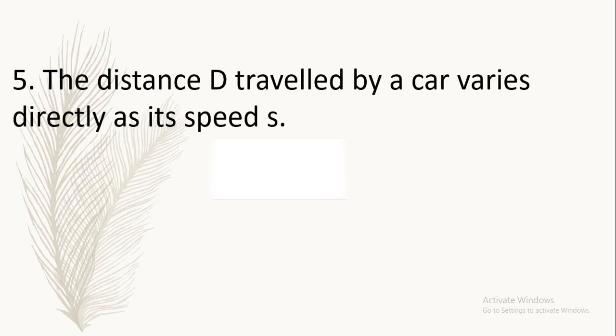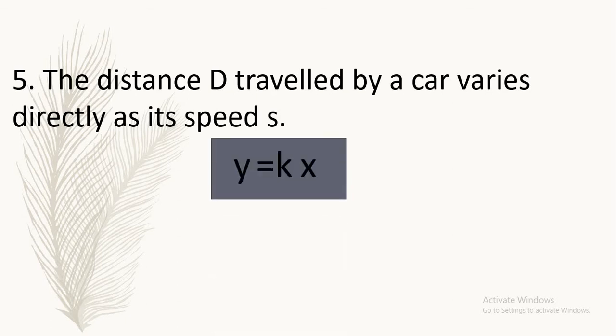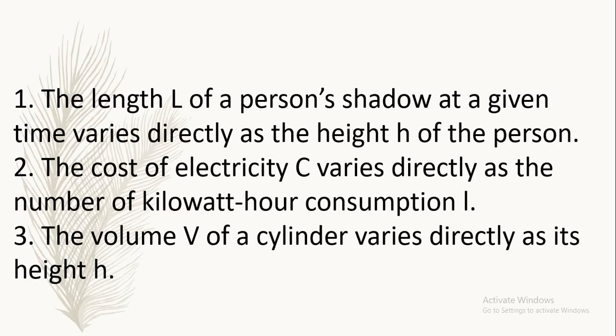Next, the distance d traveled by a car varies directly as its speed. So from y is equal to kx, our y is big letter D, and x is small letter s. So these are the real life examples of direct variation.